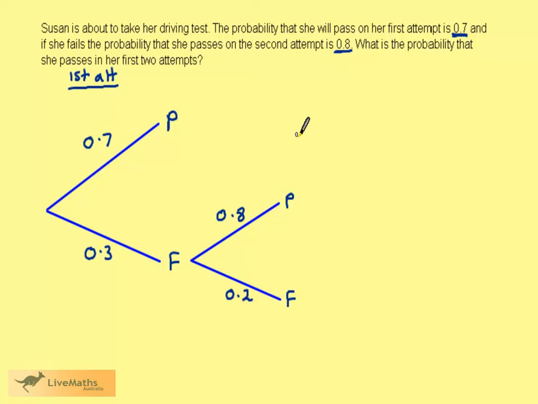We're now after the probability that she passes in her first two attempts. So she could either pass on the first attempt, or she could pass on the second attempt.